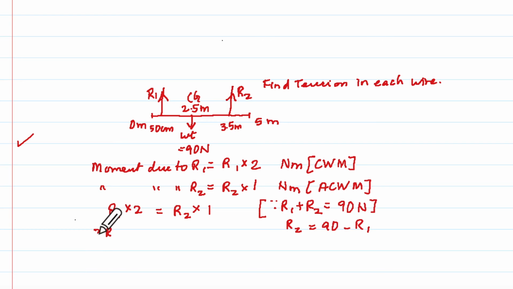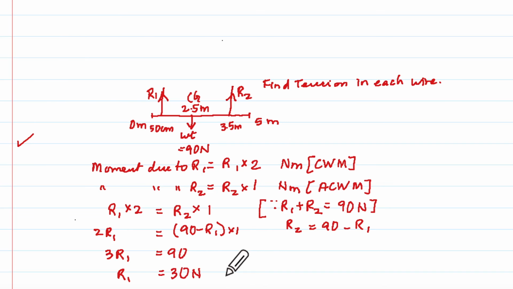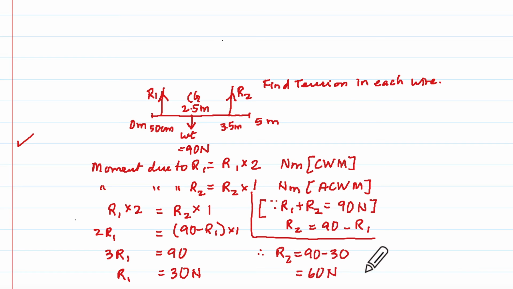So 2R1 will be equal to (90 minus R1) into 1. So 3R1 is equal to 90. So R1 will be equal to 30 Newton, and therefore R2 will be equal to 90 minus 30, which will be 60 Newton.